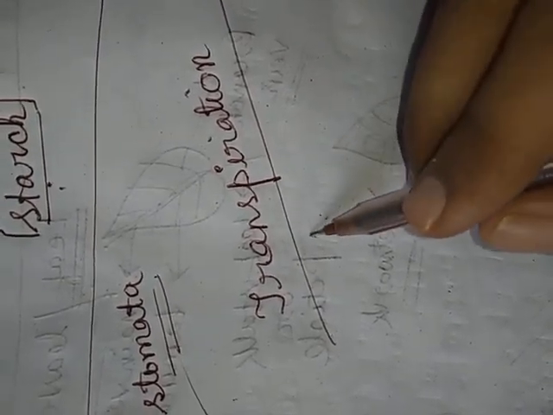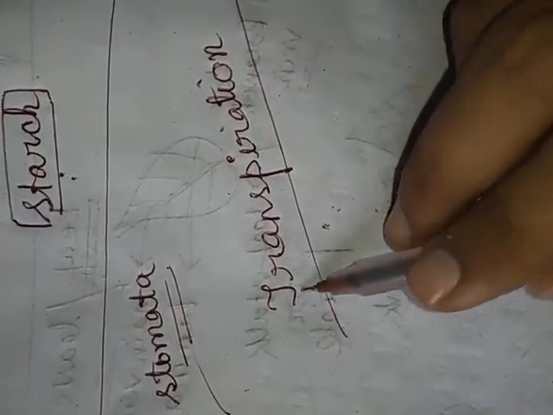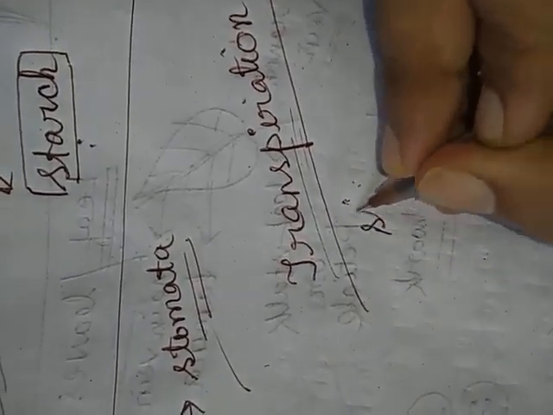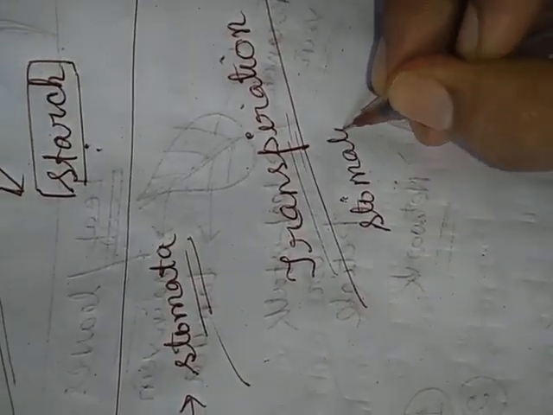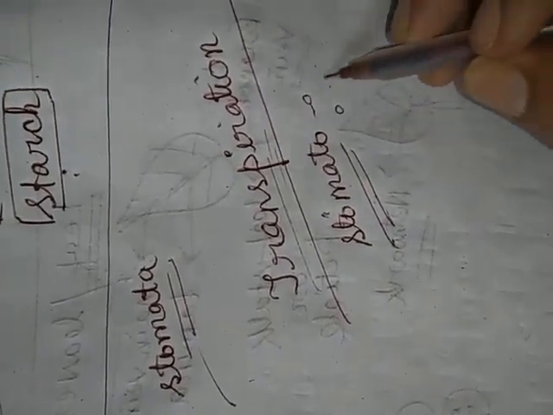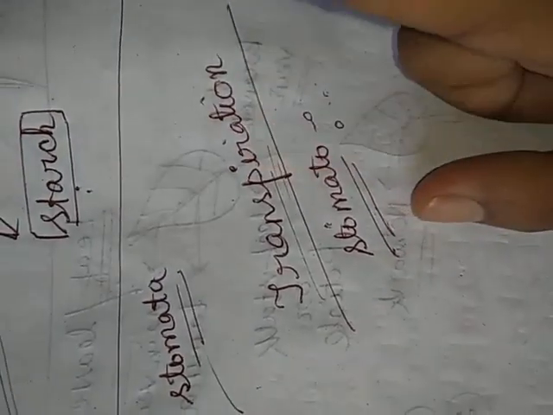In case of plants, the process by which excess water is removed from the body is called transpiration, and mainly it occurs through the stomata of the leaves in the form of water vapor. Stomata are the small pores present on the leaves through which excess water is removed from the plant body. So this is the process of transpiration.